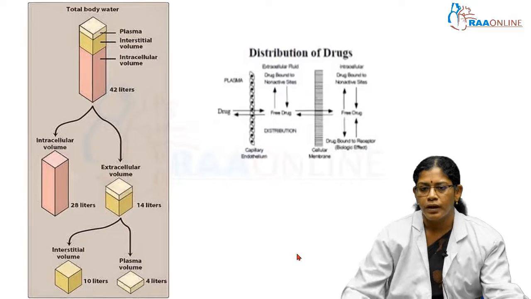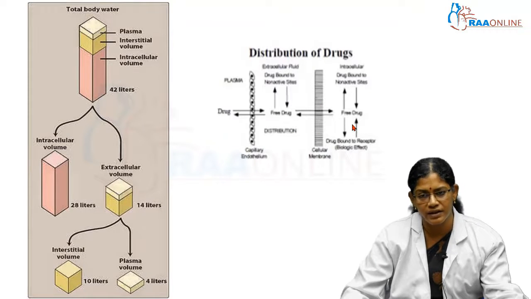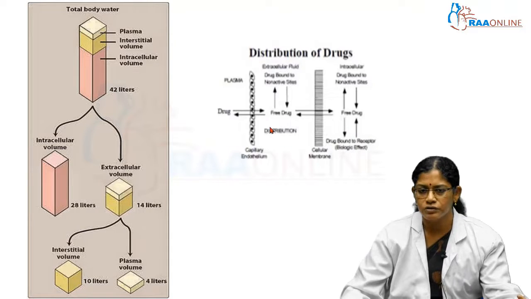So, after crossing the capillary membrane, it reaches the interstitial fluid, and after crossing the cellular membrane, it reaches inside the cell and gets mixed up with the intracellular fluid. So, the first step is after absorption or membrane transport, the drug has to cross the capillary membrane to reach the interstitial fluids, and after that it has to cross the cellular membrane to reach the intracellular fluid.